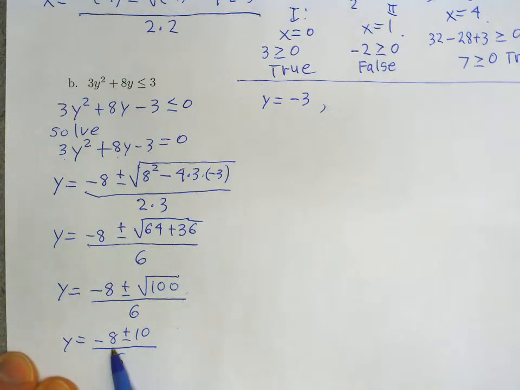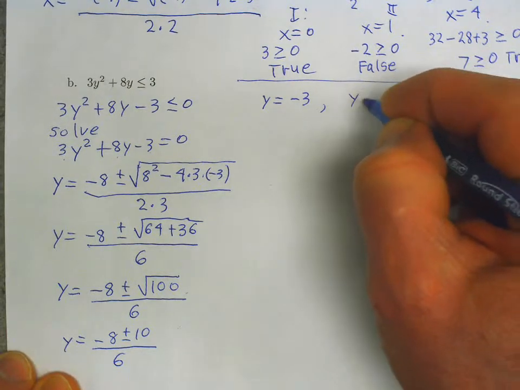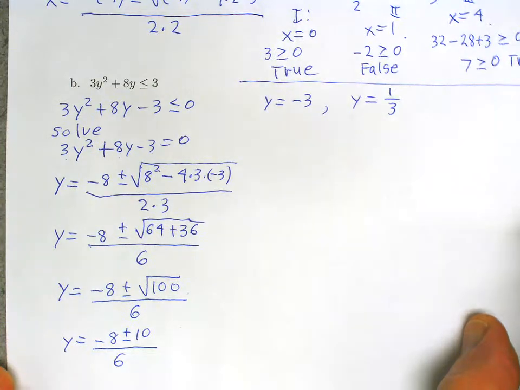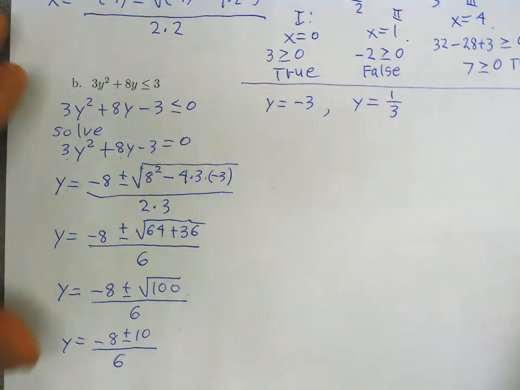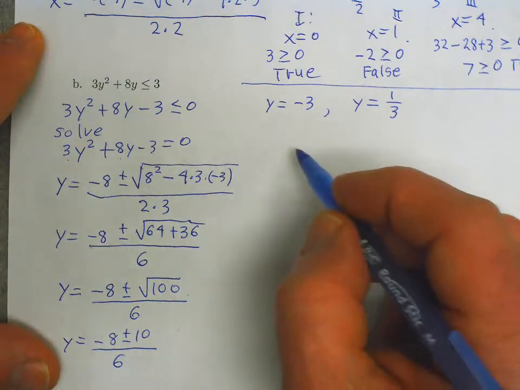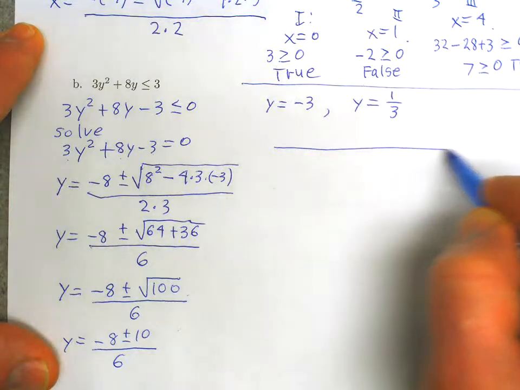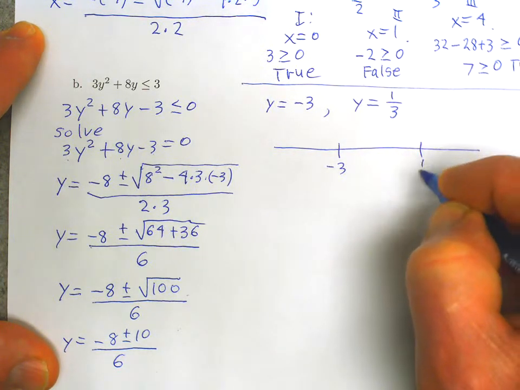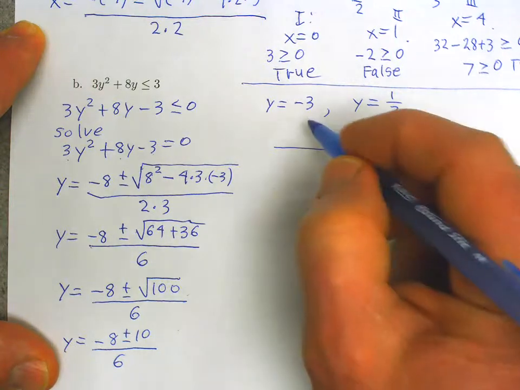So in the numerator, -8 plus 10 is 2, and 2 divided by 6 simplifies to 1/3. So the other solution is y equals 1/3. Okay, so those are the two endpoints of the intervals. Those two numbers divide the number line into 3 separate intervals.